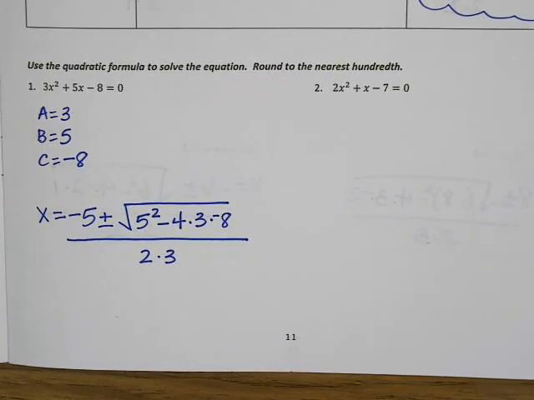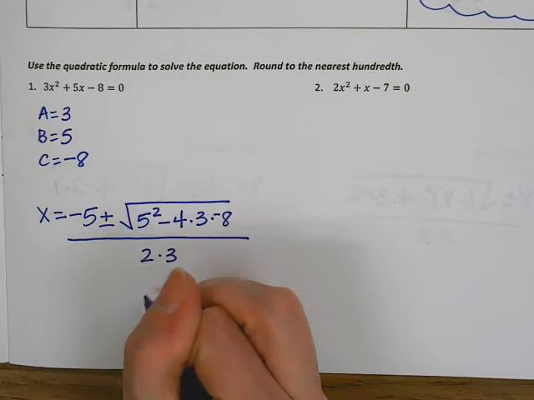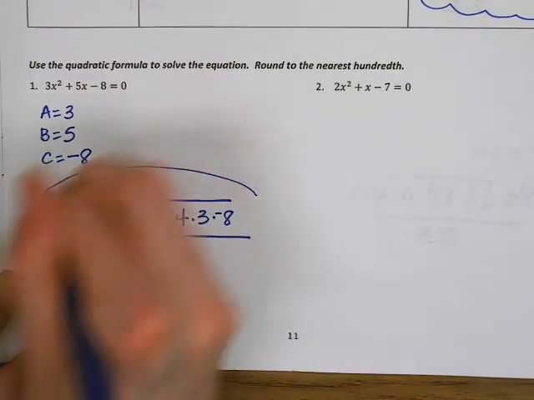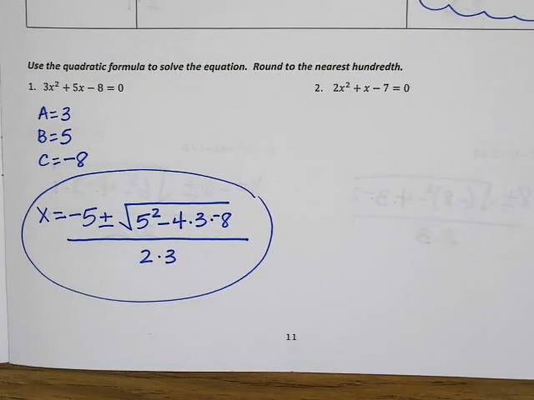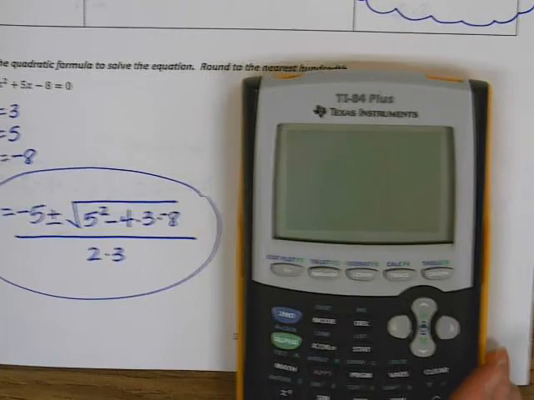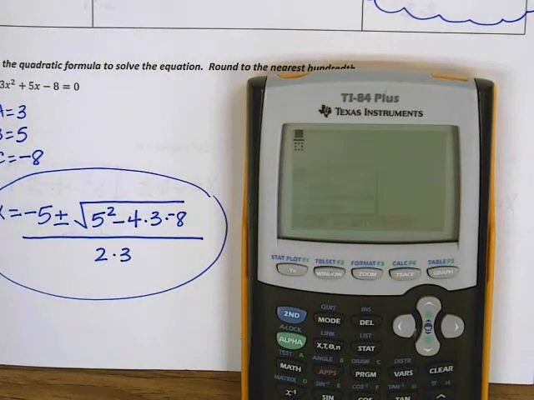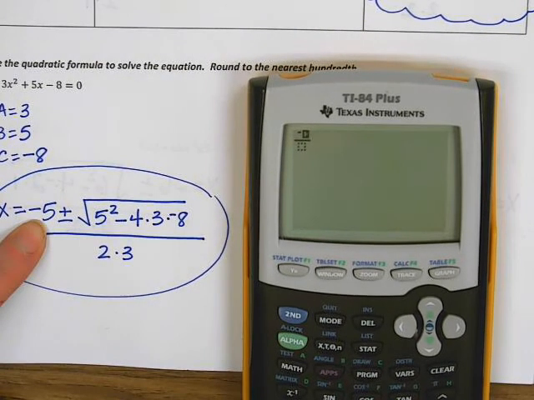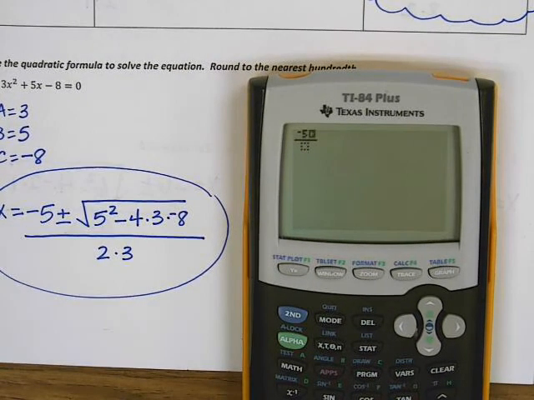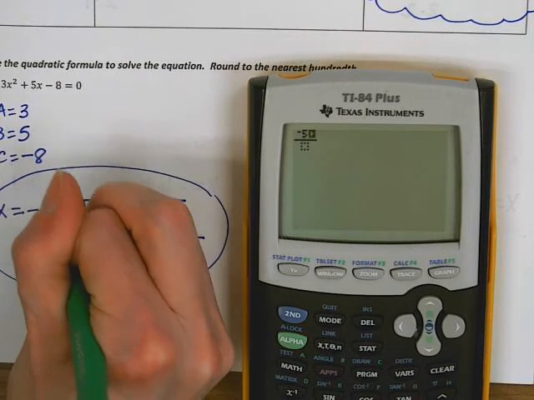Now, guys, good thing we've been practicing this because you know how to type this in the calculator. All right, so go ahead and do that. We've been doing this for a while now. And let's get our two answers. Okay, so first one. Let's make a big fraction bar, -5. And let's do the plus first.